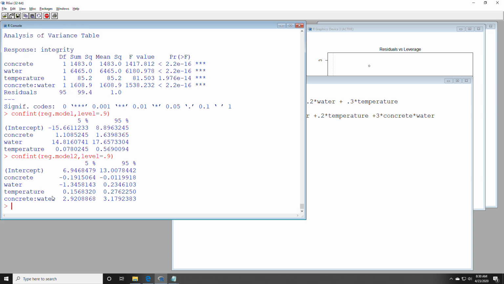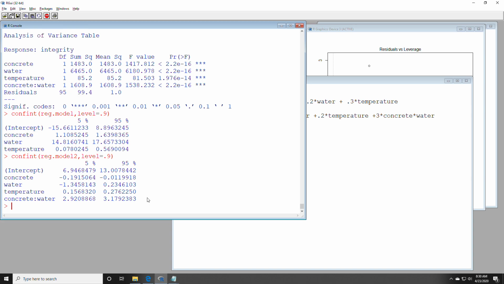Can we interpret these? We cannot interpret these coefficients. Well, the only coefficient here that has a nice interpretation is temperature. Okay, whenever we increase temperature by 1 degree, the integrity score of the foundation increases between 0.16 and 0.28.